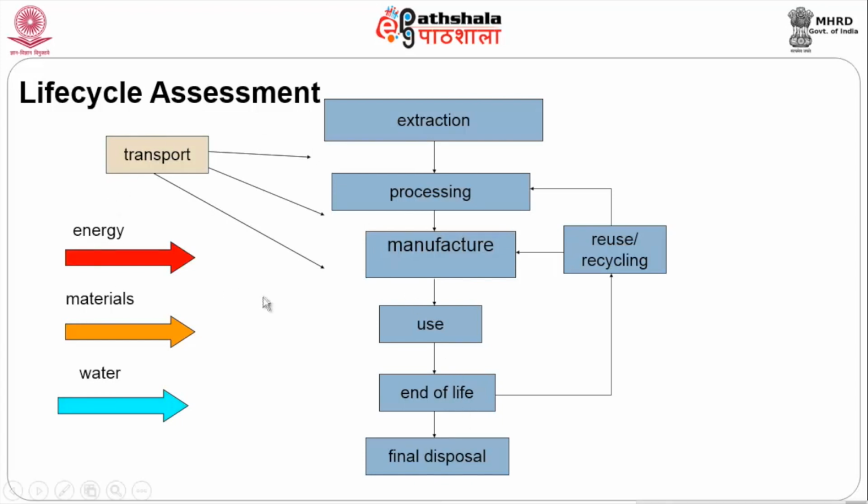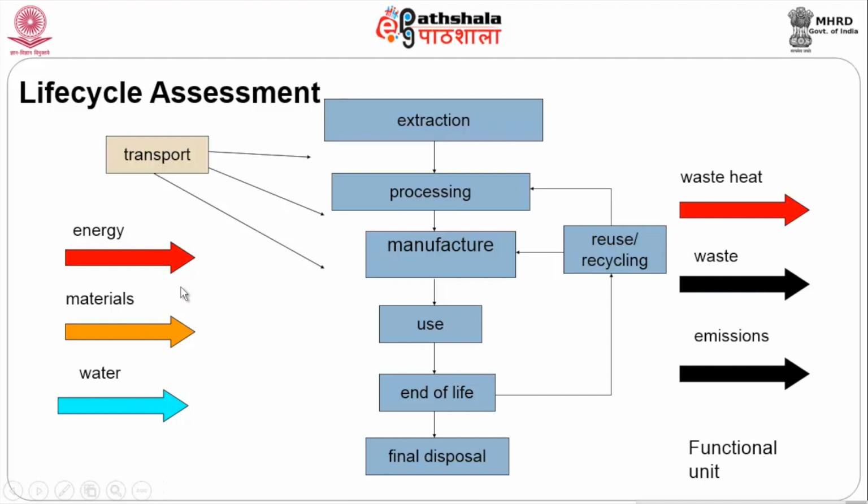Now, the assessment of this flow chart into materials and water. These energies need to be conserved in a proper way, and also in terms of generating waste heat and emissions of toxic substances, and the functional unit of the building.